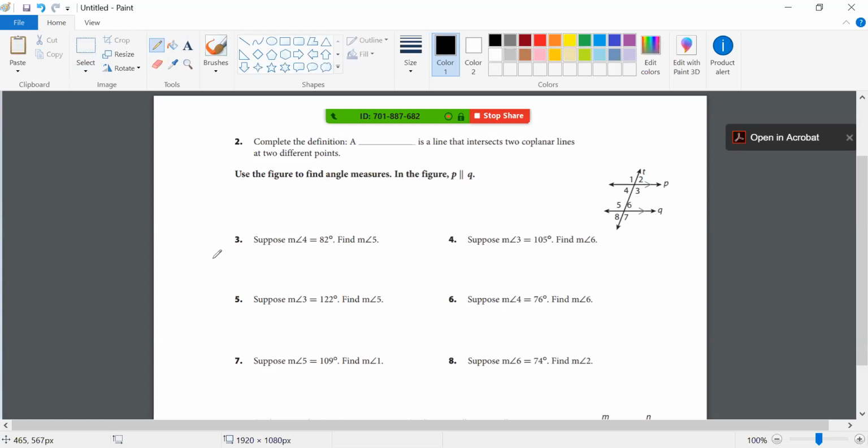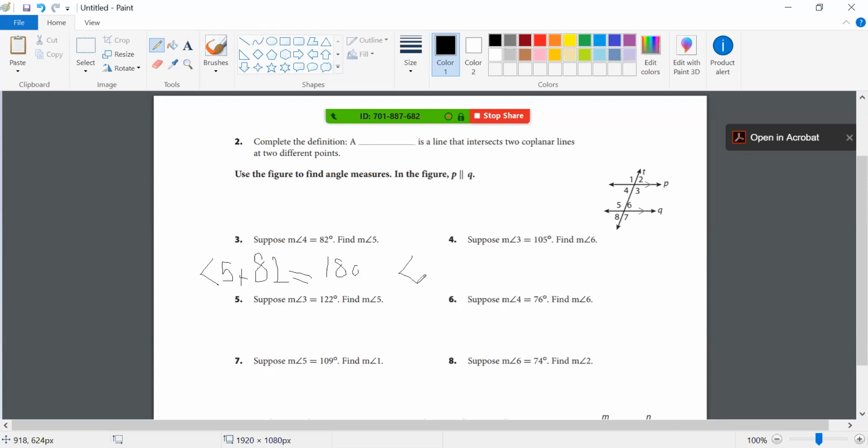So angle 5, which is unknown, plus 82 should be equal to 180, right? So how can I find angle 5? Shifting 82 to the other side.